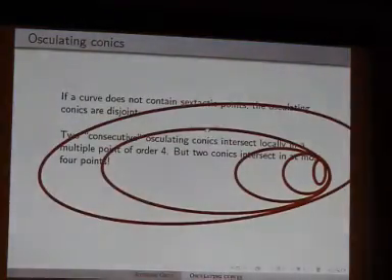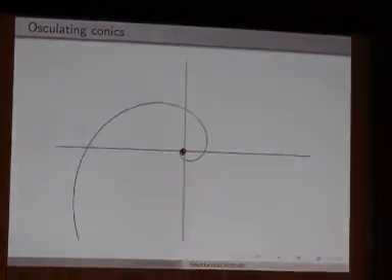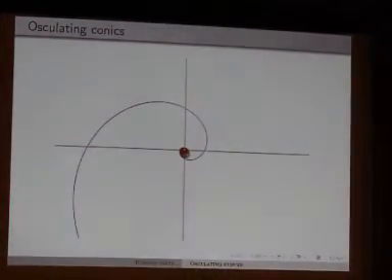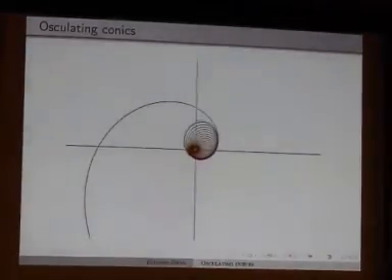Here's the picture you should have in mind. Just the way we had osculating circles nested, you have osculating conics which are nested. Here's the little film, the same film as before, except that now I'm not drawing the osculating circle, but I'm drawing the osculating ellipse.